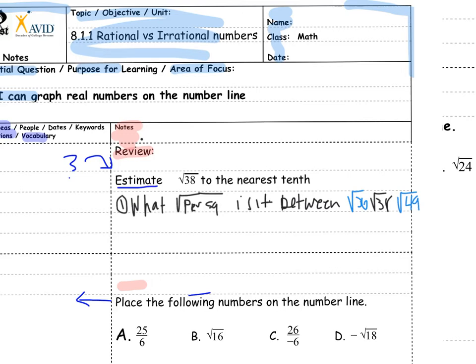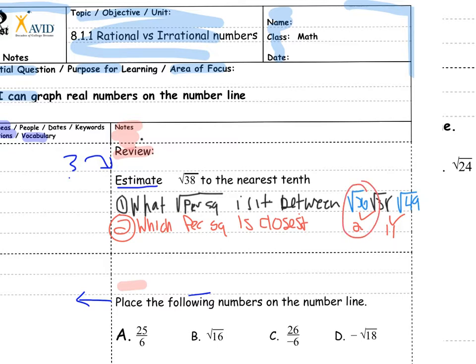Next, you're going to determine which perfect square is closest. Well, the square root of 36 is only 2 away, where the square root of 49 is 11 away. So we know that this is closest.